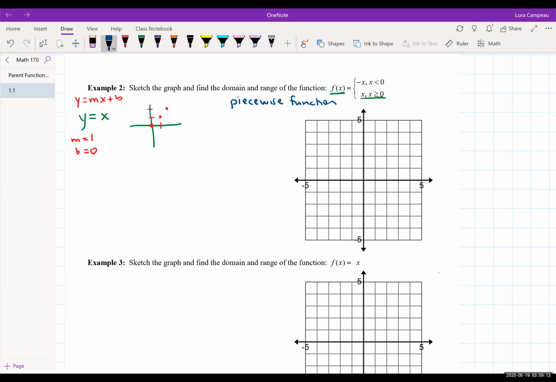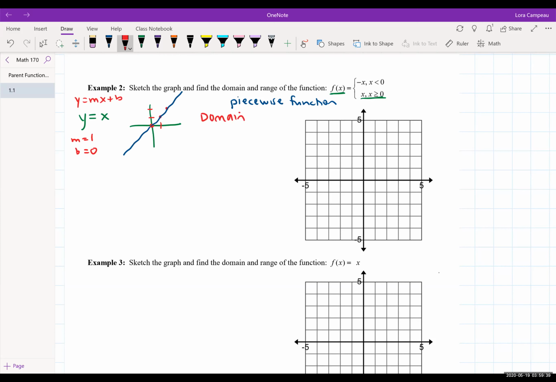And if we connect, we can see that we have a line, excuse my non-straight line, but we don't have a ruler at this time. But we can see that that's the graph of a linear equation. So I like to graph it as if I just saw it without the piecewise and without the domain. And what I'll do later is address the domain.